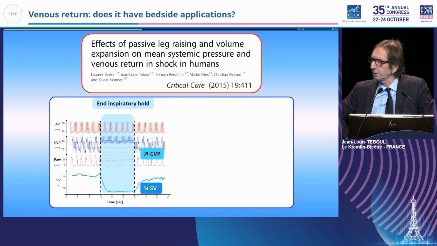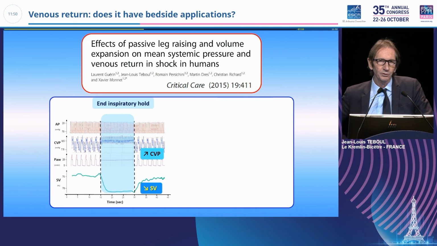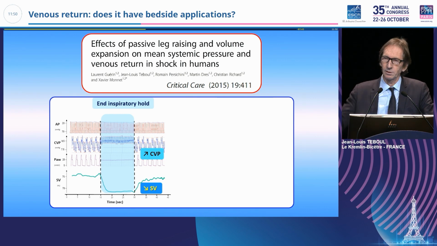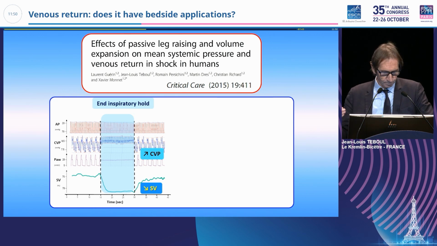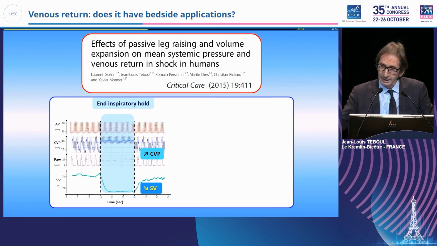And for this, we performed some hold maneuvers in patients who receive mechanical ventilation. We perform an inspiratory hold maneuver, which will be associated with an increase in CVP, but a decrease in stroke volume and cardiac output.